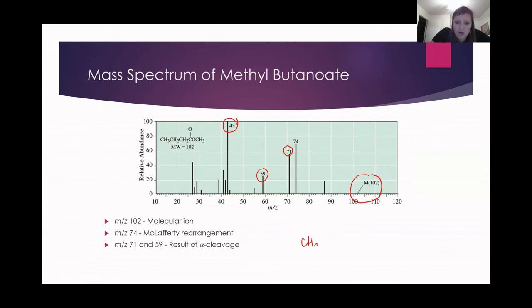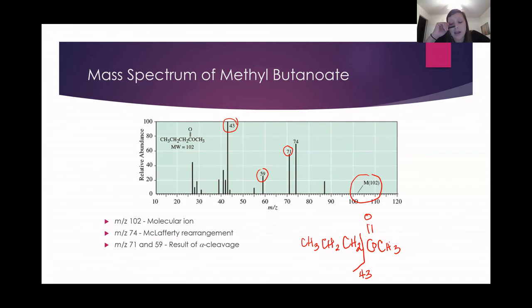So 1 carbon, 2 carbons, 3 carbons. That would be 12, 24, 36, 37, 38, 39, 40, 41, 42, 43. So that's our base peak. Oops, missing an O. So our base peak is this way.